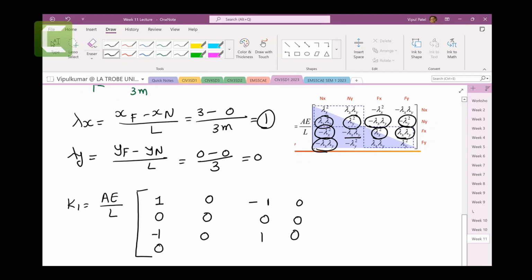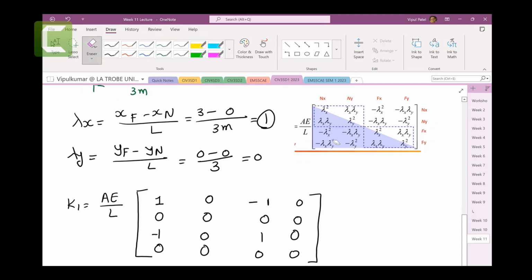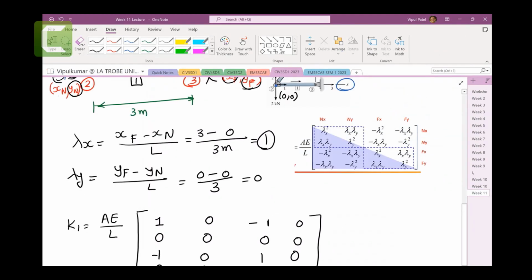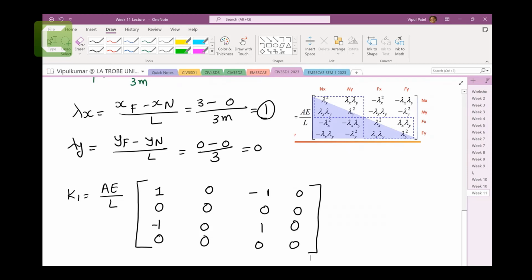This one 0, this one 0. Lambda y is 0, this one 0. This one 0. When you see lambda y, that is 0. Okay, I don't want to rush it. If you don't understand any of these, let me know, or anything you don't understand, or where these numbers are coming from, or which x and which f y and so on.